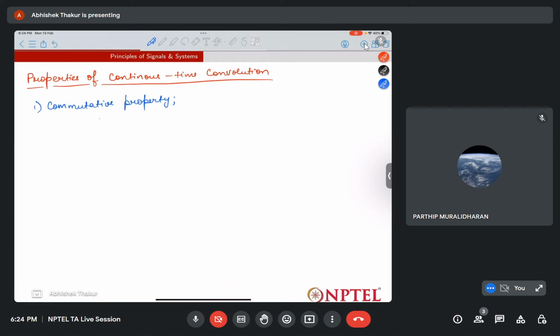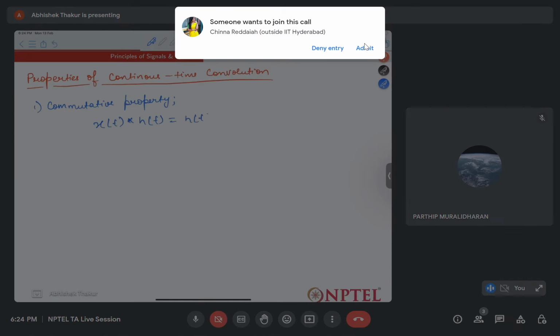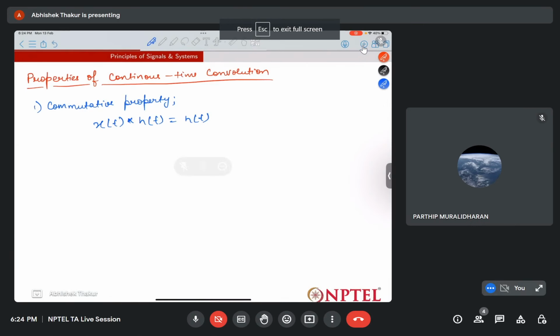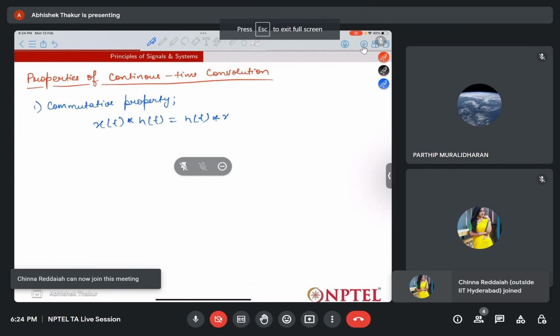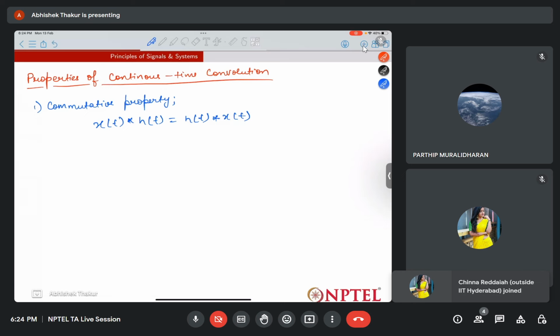In this, x(t) convolution h(t) is equal to h(t) convolution x(t). So this is the commutative property of convolution. We can prove this as well.